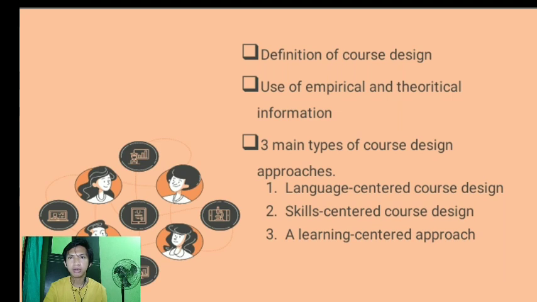Approaches in learning design can be divided into 3 main types, namely, first, language-centered learning design. Language-centered learning design aims to draw a direct relationship between the target situation analysis and the course content. The second is skill-centered learning.